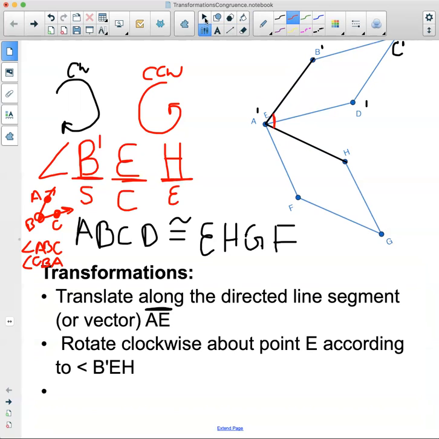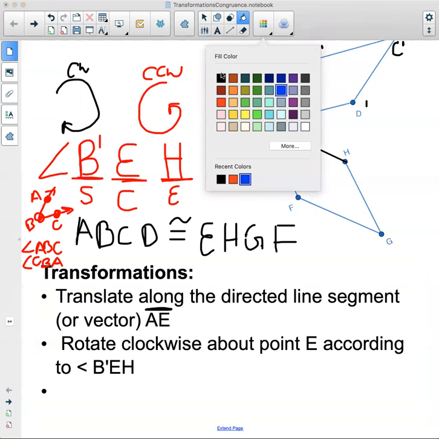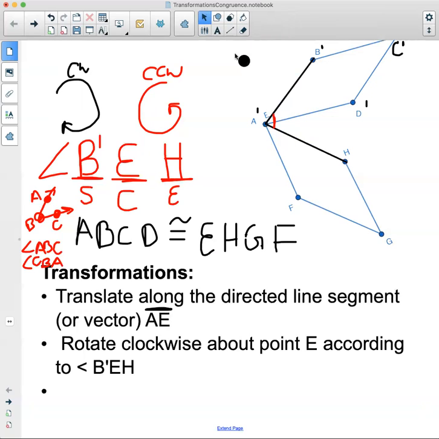To rotate about an angle means I'm going to move according to this angle, but the H needs to be the same distance from the center of rotation as B. And that's the case because we know the measures of all the sides are equal because we already know the shapes are congruent. So B is going to have to move according to this angle to H.